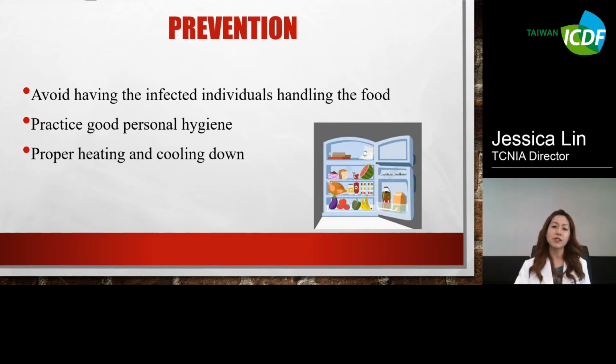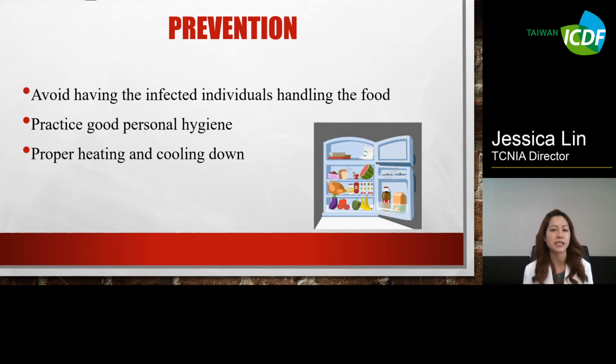Some strategies to prevent Staphylococcus aureus are to avoid having infected individuals handle the food. If your kitchen staff is sick or infected with Staphylococcus aureus, they shouldn't be handling the food.